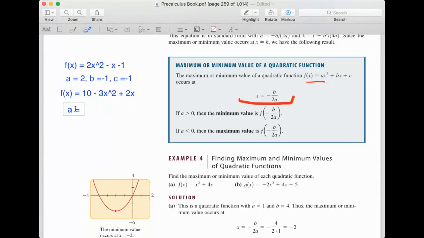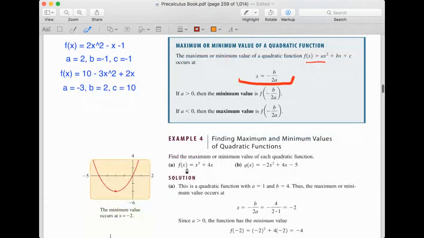What's the number before x squared? -3. B is the number before x. What's the number before x? 2. C is the number itself. Well, that's 10. Even though this one is not written in order, we figure out a, b, c by the number before x squared, before x, and the number itself. So that's how we figure out a, b, c.